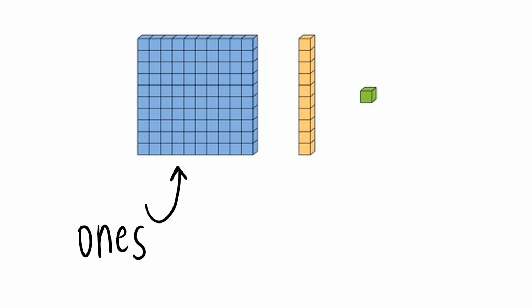All right, so your flats are going to represent your ones place. So this is going to be sort of like the whole number portion of your number. Then our rod is going to be a tenth. And why is that? It's because it takes 10 of these to make a 1.